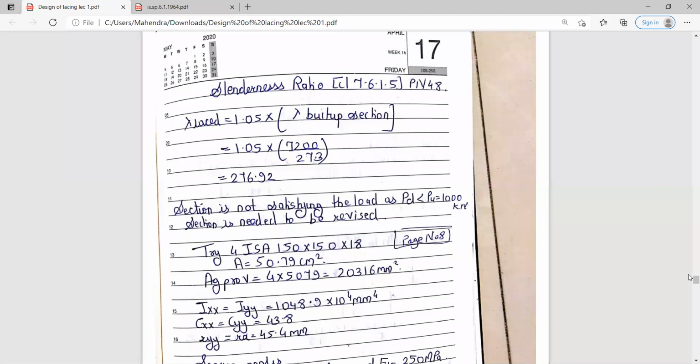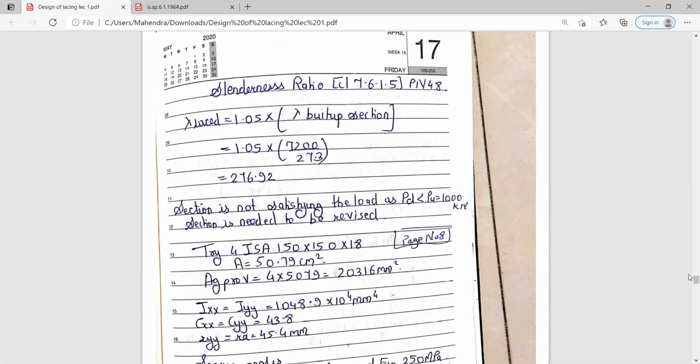That is 7200. What is 7200 for you? L upon Rxx, that is 27.3. So from that, how much lambda less do you get? 276.92. So here PD, the value of the section, is not satisfying the load as PD is less than PU.